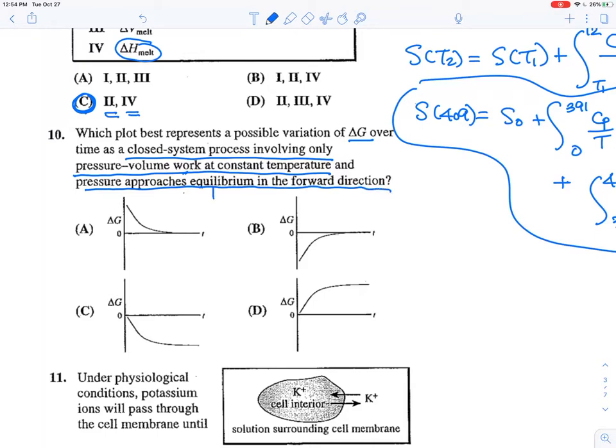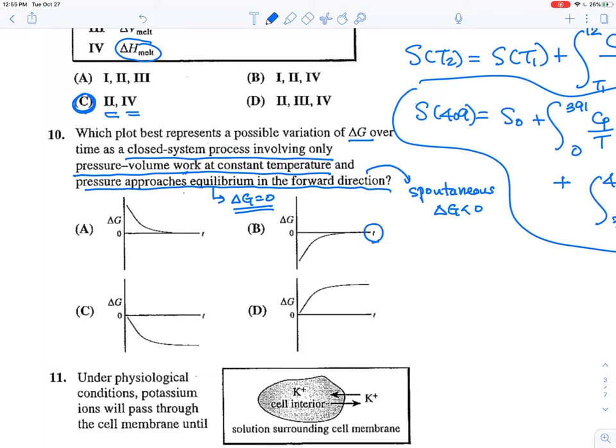Equilibrium means your delta G is 0, right? And when they're moving forward, that means it's spontaneous, right?